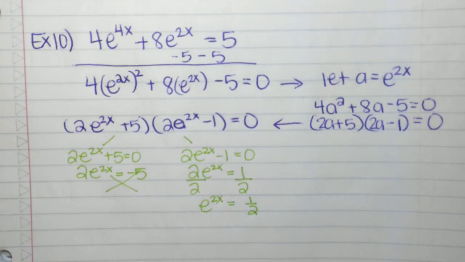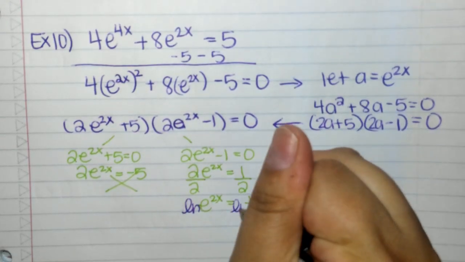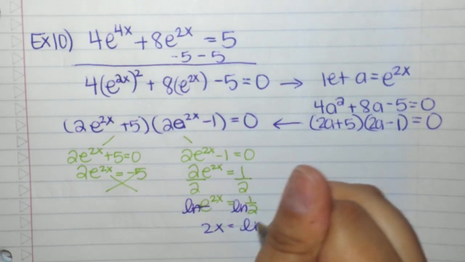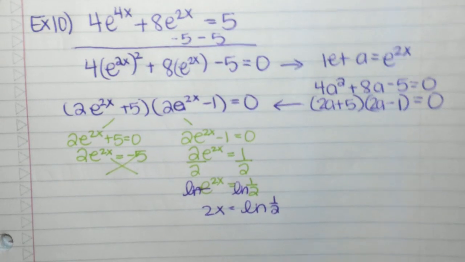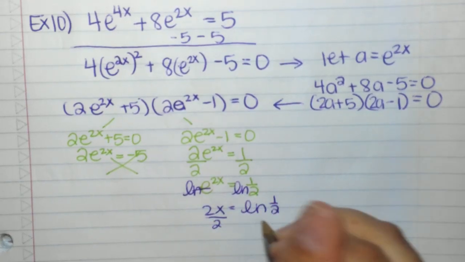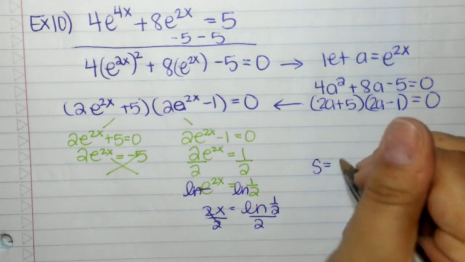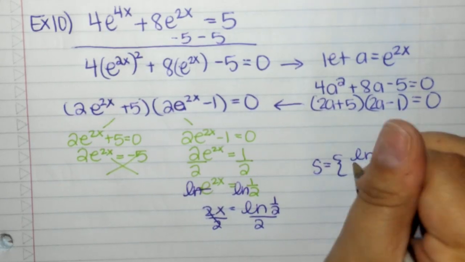What am I going to do from here? Divide by 2. No. Is that all? Natural log first. Oh, you were past me? You were doing one step earlier. And then divide by 2. So your answer is the natural log of 1/2 over 2.